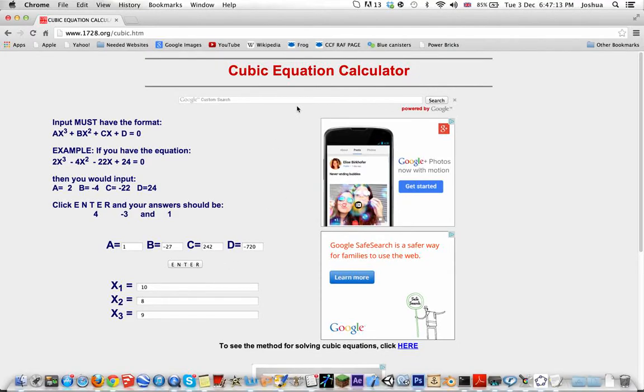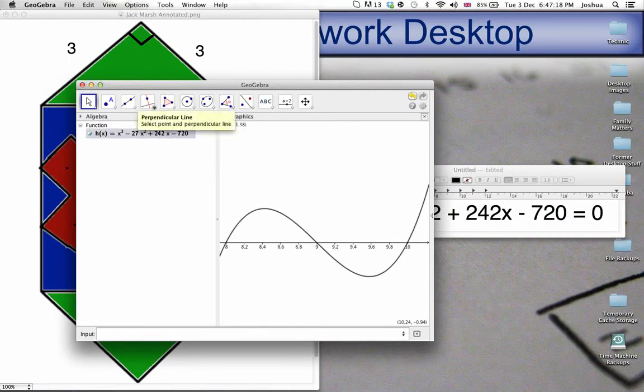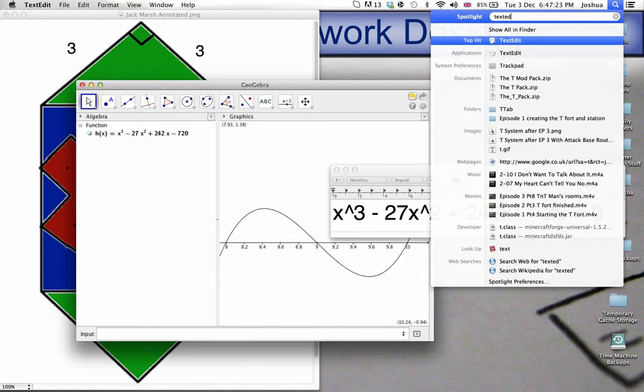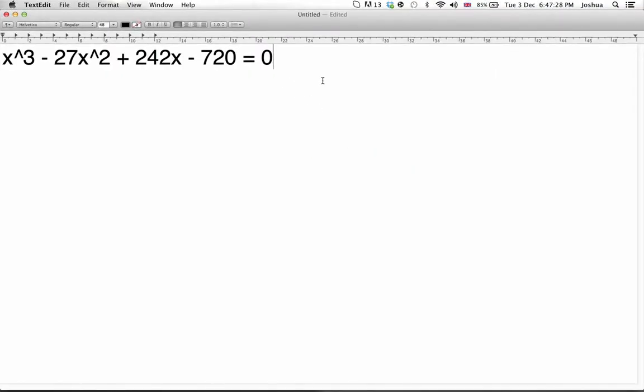So it proves that the equation gives those values. We could always try and work this out ourselves using a text edit file. Let's maximize this. So we know this is the equation. You can always try to factorize it. Suppose it was x minus 10, you can divide all this by that.